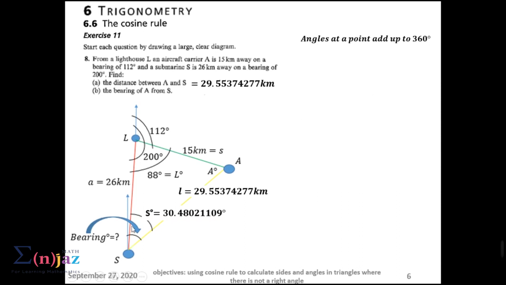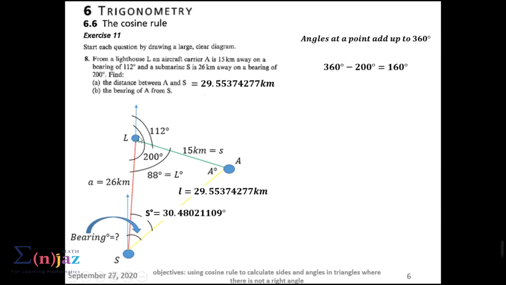The 160 and the unknown angle, the small angle here between the north from S and the red line, are co-interior angles. Angles at a point add up to 360.